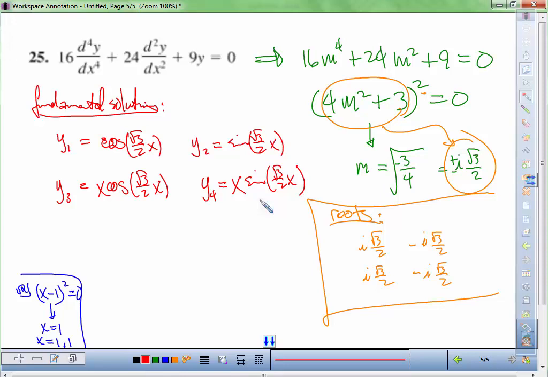You can use a Wronskian to check this. And now we have four linearly independent fundamental solutions for a fourth order equation. So your general solution is just a linear combination of all of these.